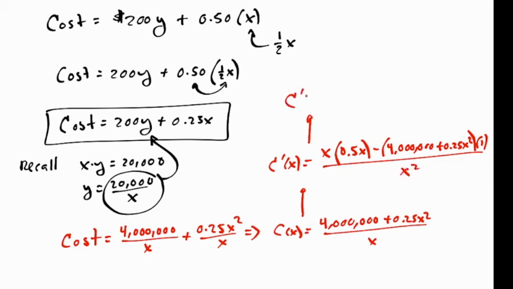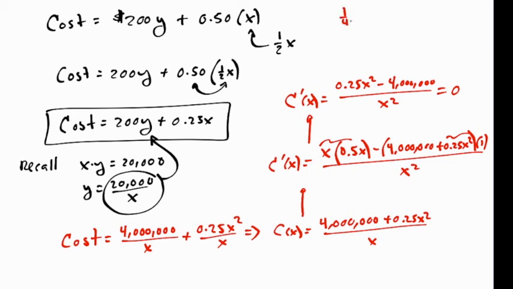And let's simplify this further. We see that we have 0.5x squared, and we're going to subtract 0.25x squared. So we have 0.25x squared minus 4 million all over x squared. And we said that the derivative of cost will be 0 when the numerator is 0.